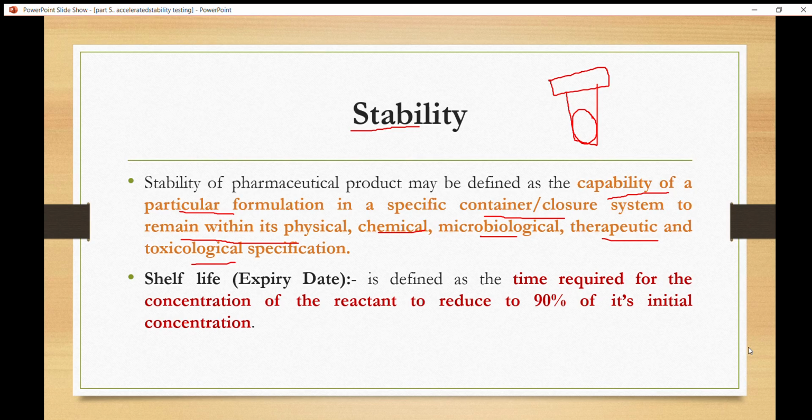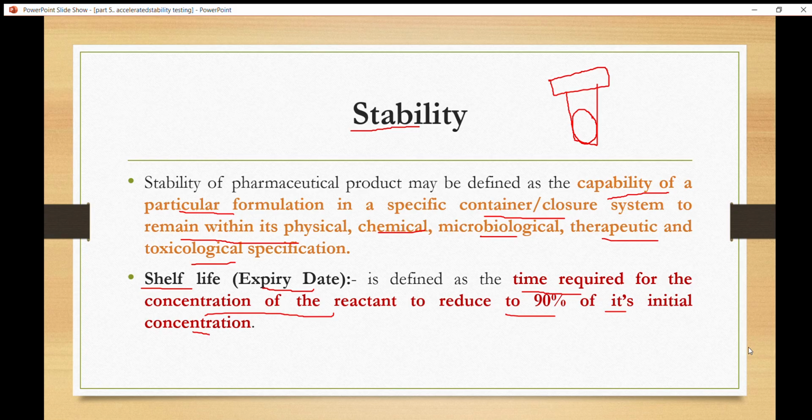pharmaceutical product. Next one is the shelf life or expiry date of a product, and it is defined as the time required for the concentration of a reactant to reduce to 90% of its initial concentration.